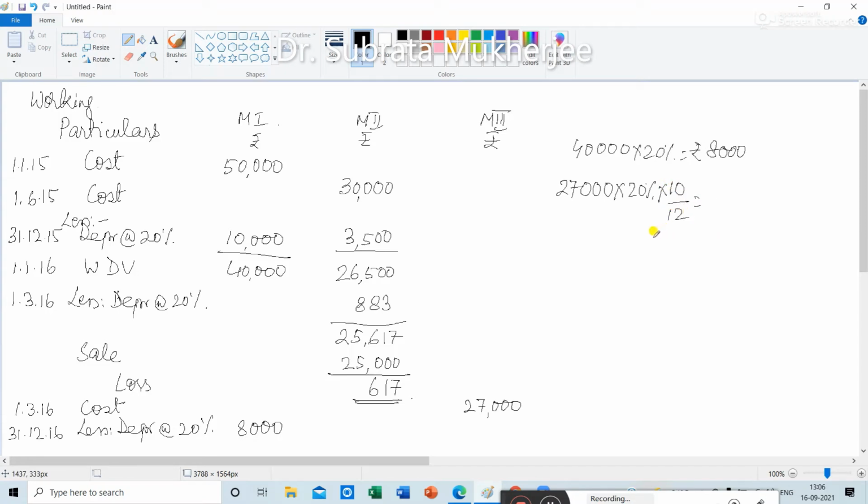Since the machine was purchased on 1st March 2016, you have to charge depreciation for 10 months, and this will be rupees 4,500. So the written down value on 1st January 2017 for M1 will be 32,000, and for M3 this will be 22,500.